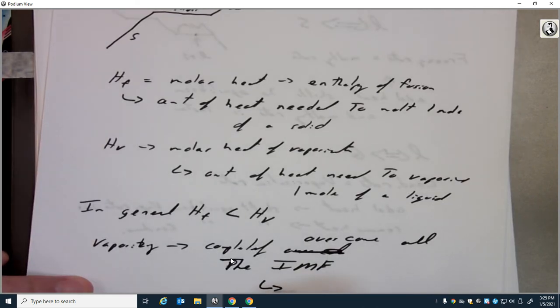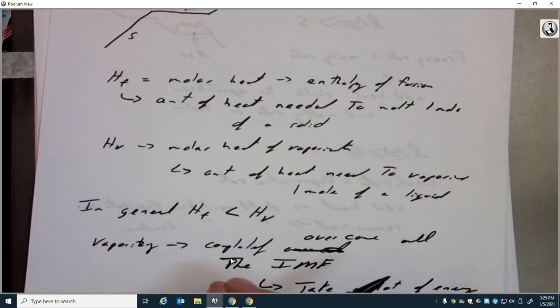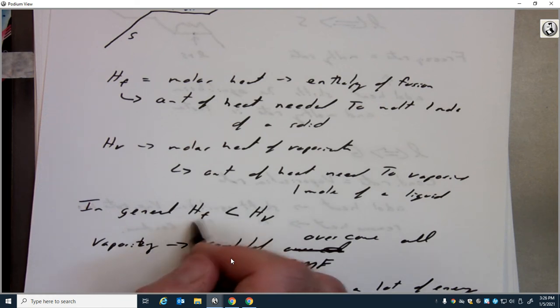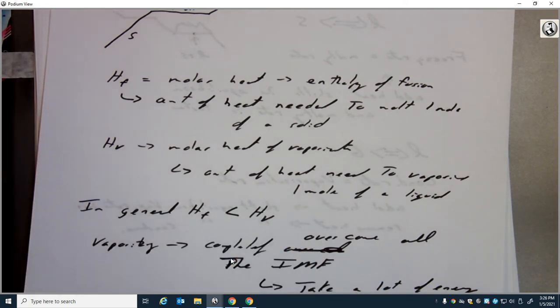And that takes a lot of energy. When we're melting or freezing, we don't have to overcome all those forces. We just have to give the particles enough kinetic energy so they can start to spin. All right, so that's why heat of fusion is usually less than heat of vaporization.